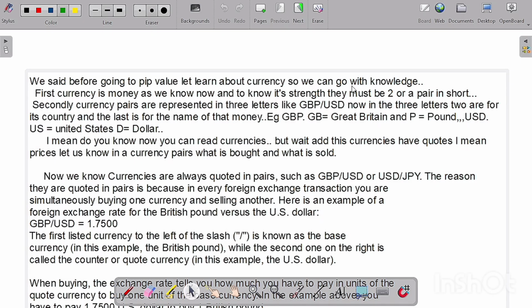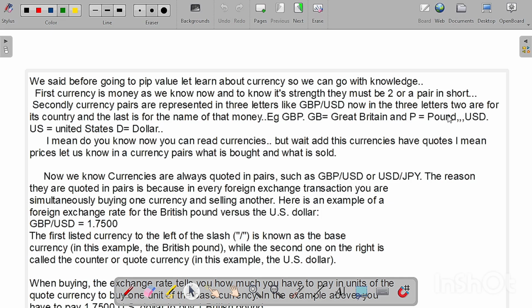These currencies must be two, a pair, so that we can see their differences and the strength between them. Secondly, currency pairs are represented in three letters, like GBP versus US dollar. Between this pair we have GBP and we have USD.